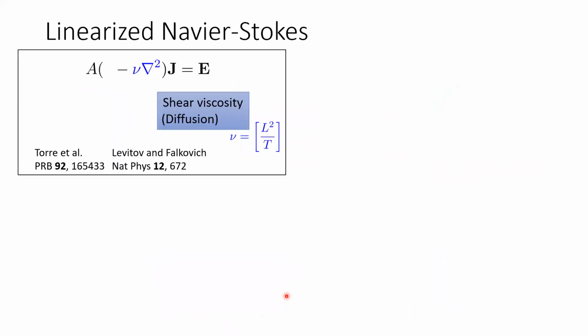But all of these effects can be simply understood by the phenomenological description of a linearized Navier-Stokes equation. Because it's a linearized Navier-Stokes equation, the governing equation is quite simple. Namely, you have some electric field, which is the analogous term for the pressure gradient, and then you have a shear viscosity term, which comes in with two powers of the gradient.